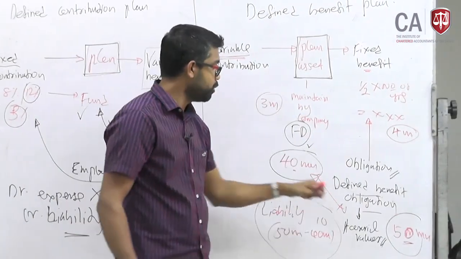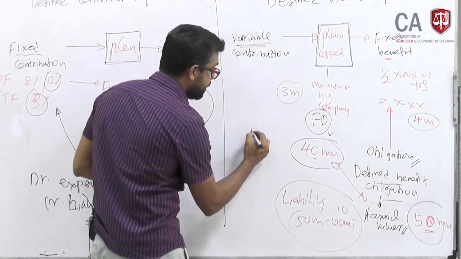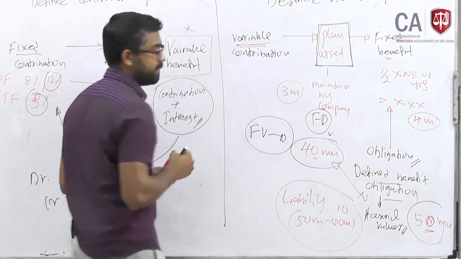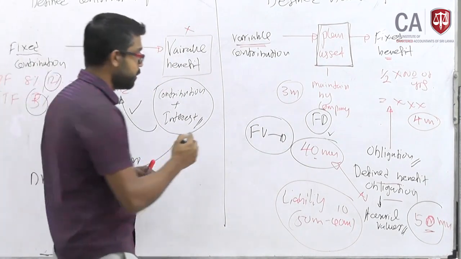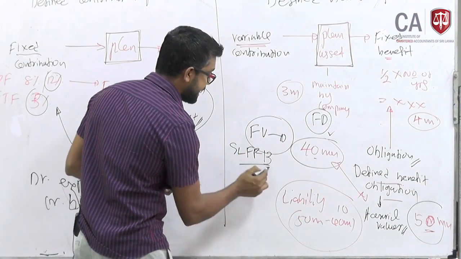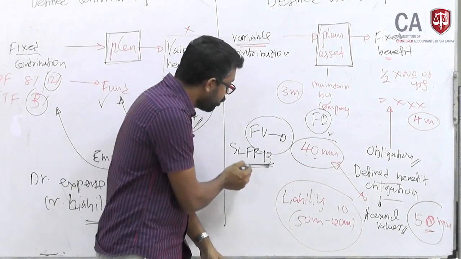To meet this liability, you maintain this asset, 40 million. Therefore, you have to measure the fair value of this asset. Fair value according to SLFRS 13. Don't be afraid if you don't know this standard, you will learn it later. This standard says how to measure fair value.